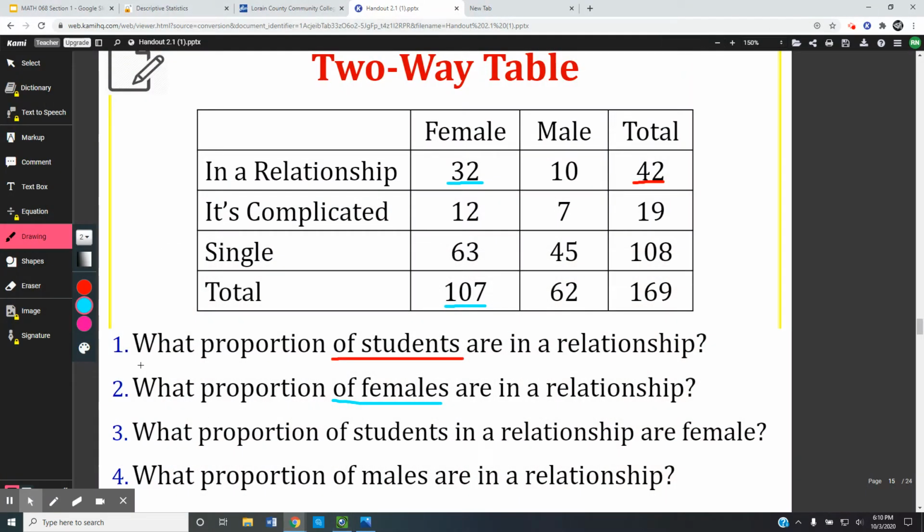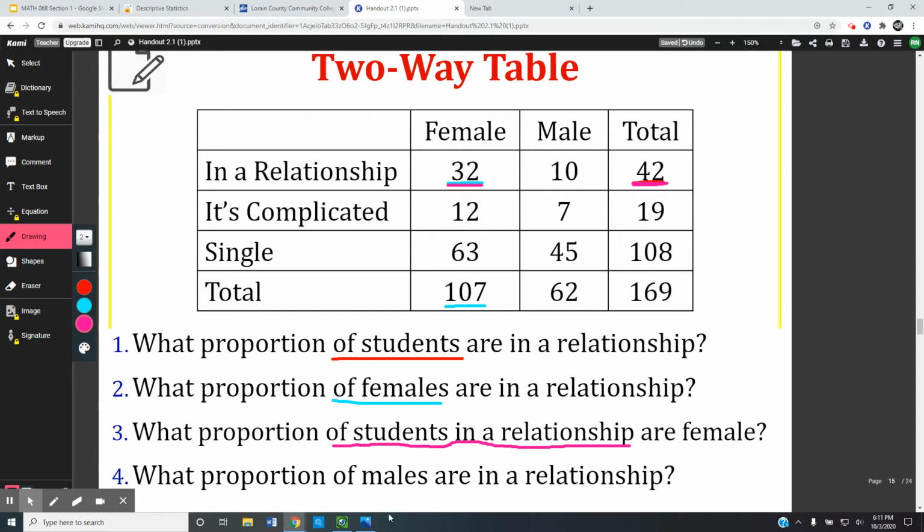What proportion of students in a relationship? Okay, so be careful here. It's not just of students, it's of students in a relationship. So if I look at students in a relationship, that's 42. How many of those are actually female? Okay, well, that's 32.